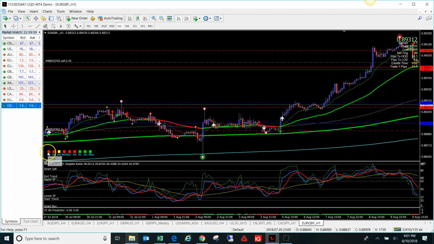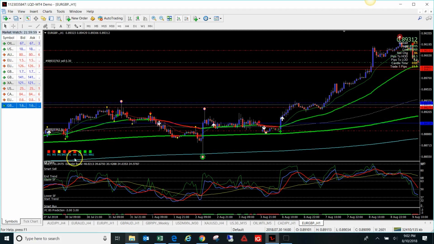So of course, if it's showing red, that means it's in a downtrend on that time frame. If it's showing green, that means it's in an uptrend. And then if it's showing yellow, that means it's consolidating, or some people like to say oscillating or ranging. So the best trading setups or opportunities are going to be the ones when you have multiple time frames aligned in the same direction.